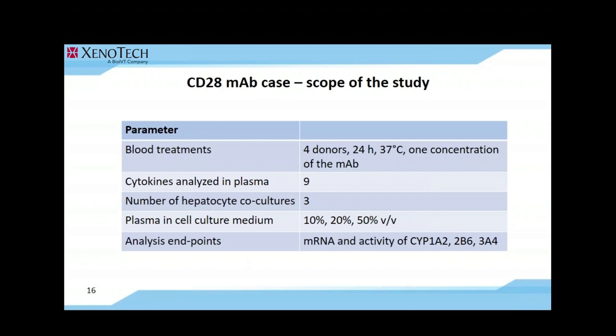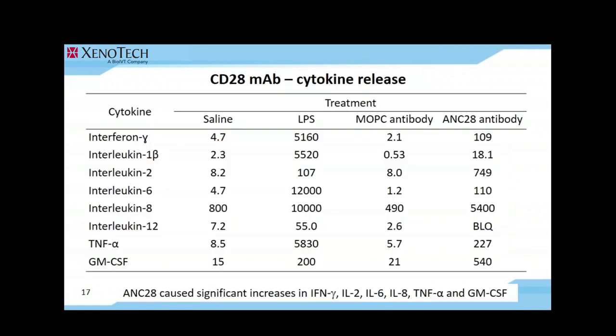We evaluated 9 cytokines in the collected plasma, and plasma was given to hepatocyte co-cultures from 3 donors at 10, 20, or 50%, followed by analysis of mRNA and activity of the CYP enzymes.